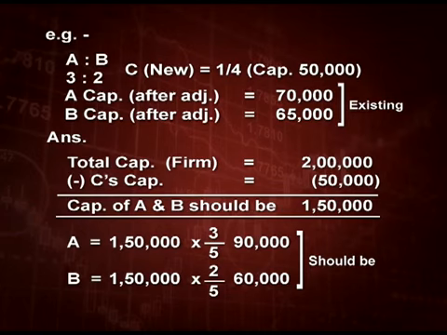Compare this 70,000 with 90,000. So, A must bring 20,000 more, and B, who is already having 5,000 more, must be refunded 5,000 rupees. I hope you are able to understand.